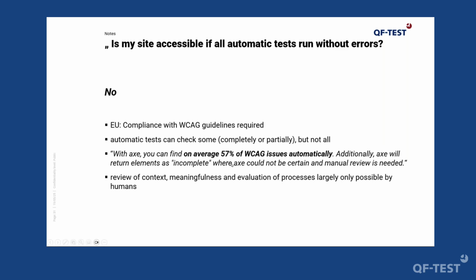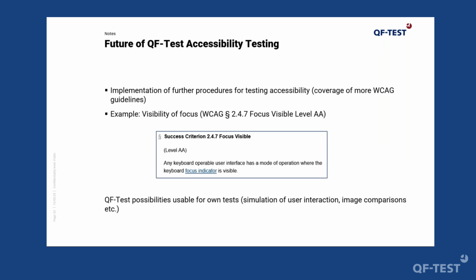It finds about 57% of everything that's wrong regarding the WCAG. And of course, we are currently developing more accessibility features. We have some procedures we want to implement that check some guidelines that are relevant for the EU law.